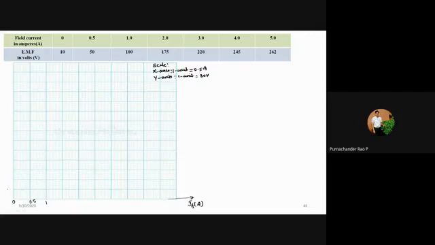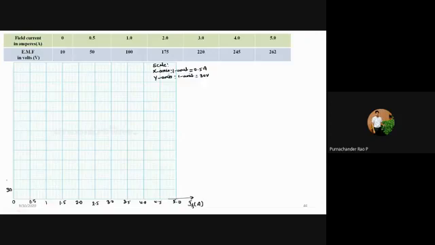So here this is 30 volts. Your field current will be 0.5, 1, 1.5, 2, 2.5, 3, 3.5, 4, 4.5, and 5.